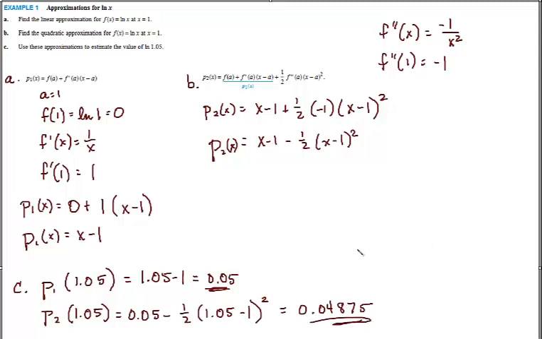Let's see what our calculator gives us if we plug that in. The natural log of 1.05 is 0.04879, sorry, can't read my calculator. And if I compare these two, I'll see that the quadratic approximation is better.